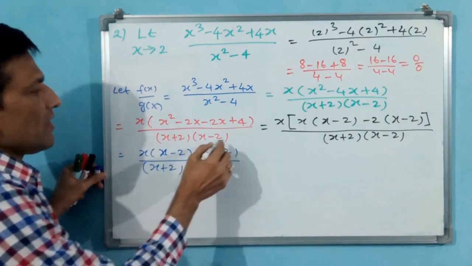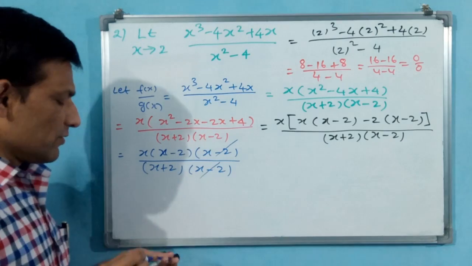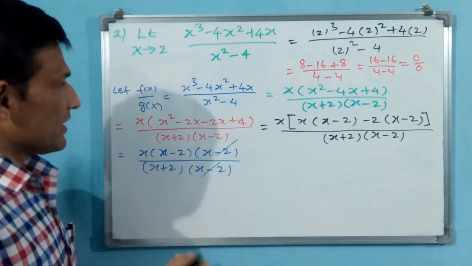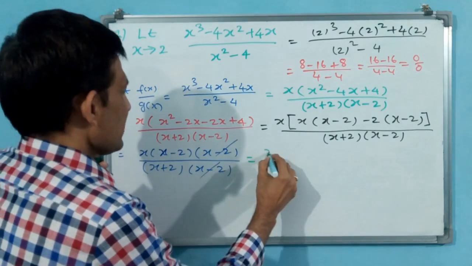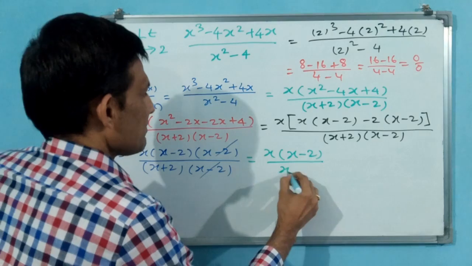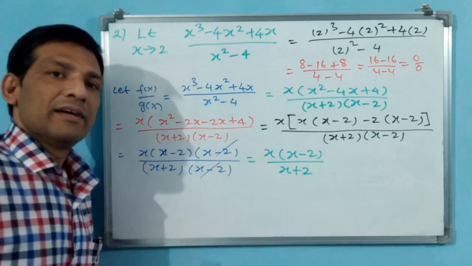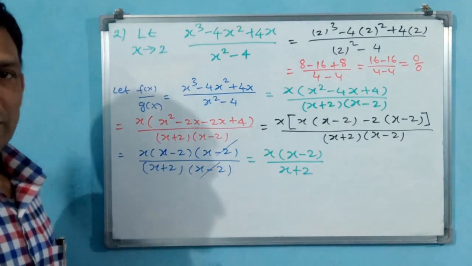In the denominator, one x minus 2 is going to get cancelled. Then finally what will the result be? x into x minus 2 divided by x plus 2. Definitely okay. Now you apply limit x tends to 2.